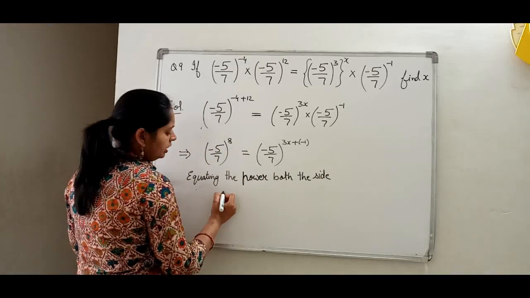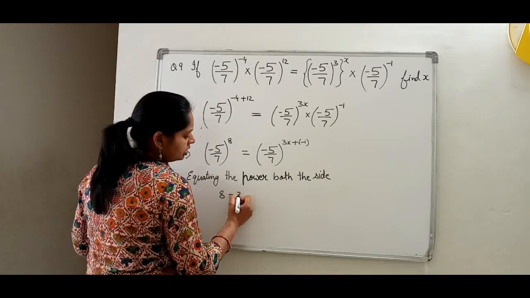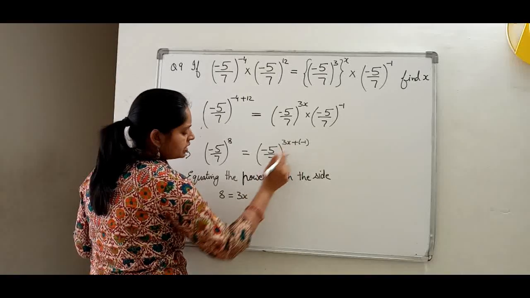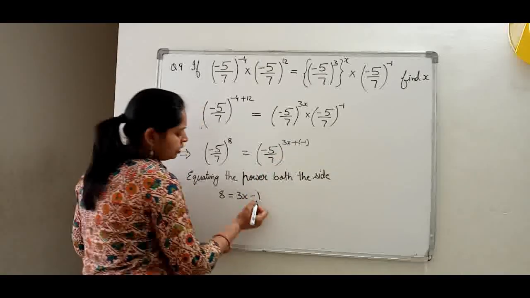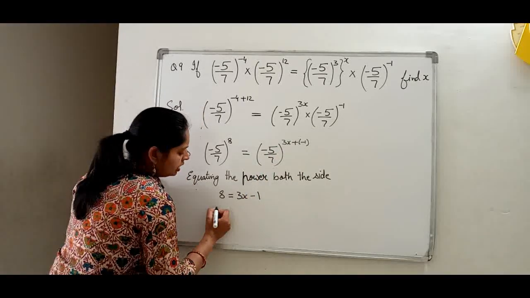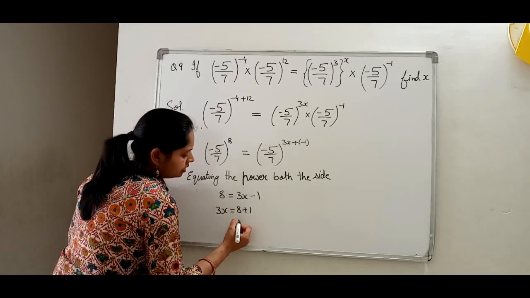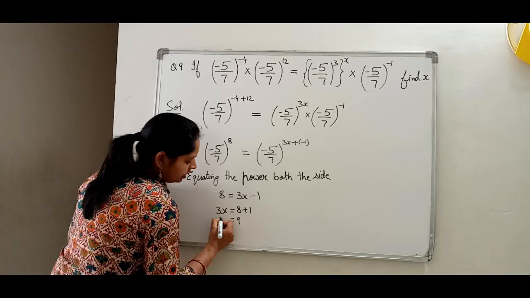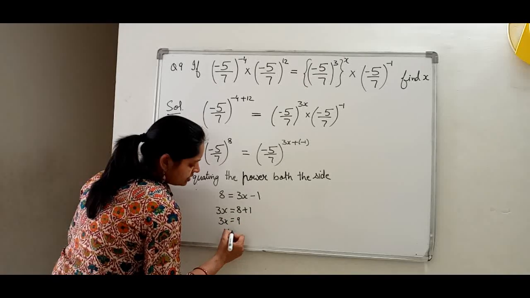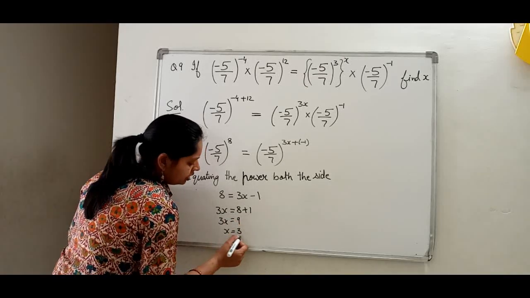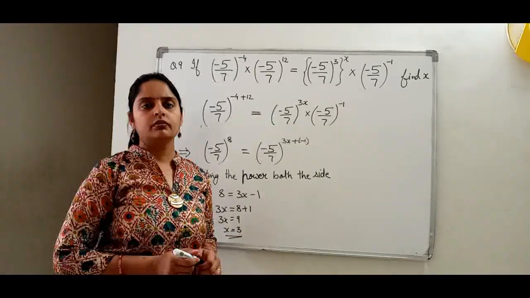What answer do you get? 8 is equal to 3x, plus minus will go for minus 1. So how will you solve? 3x is equal to 8 plus 1, that is 9. 3x is equal to 9 means x is equal to how much? 3. So this is your answer.